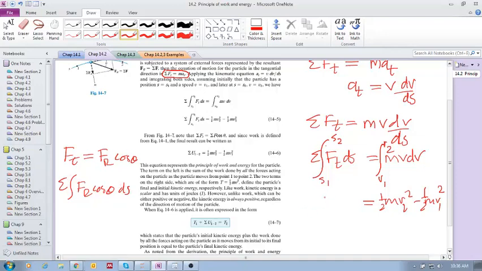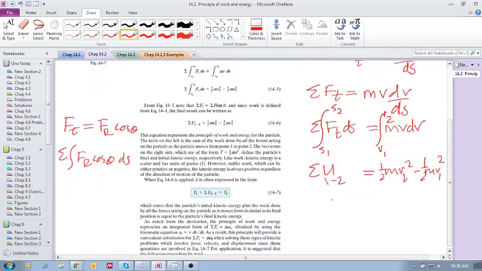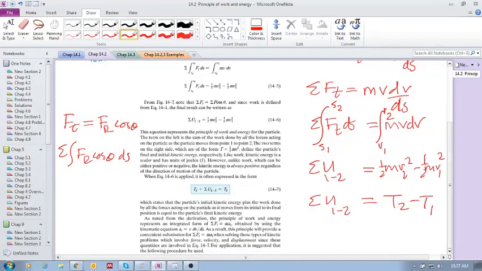So this becomes the sum of all the work done by all the forces equal to the change in kinetic energy. If we rewrite it, it becomes the sum of U1-2 equals T2 minus T1, and if you rewrite it, this is what you get.